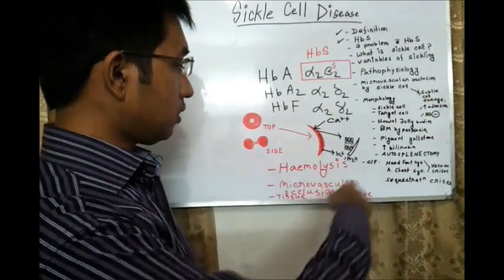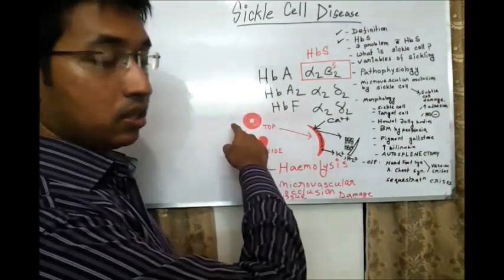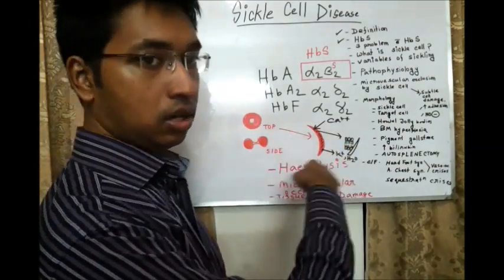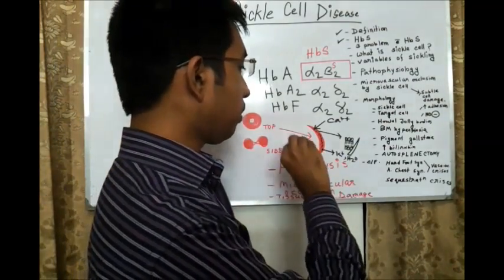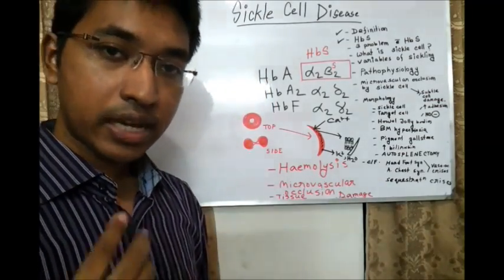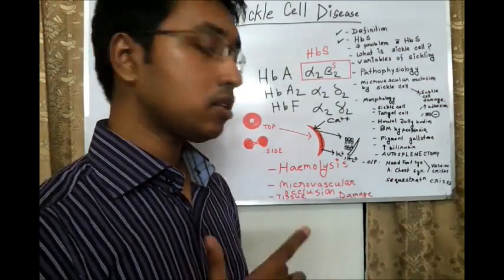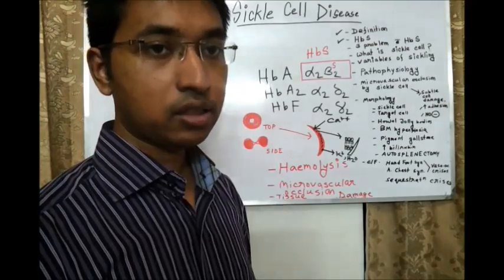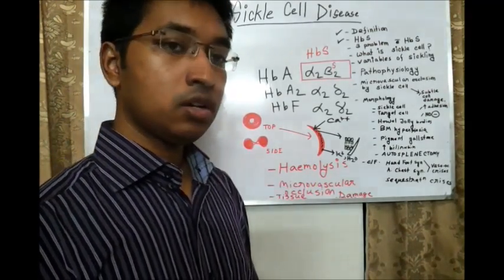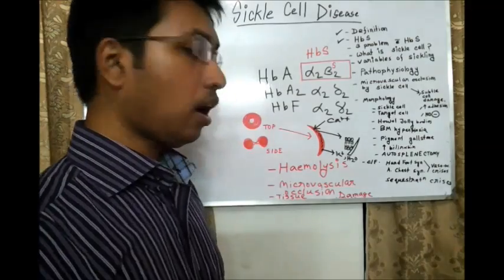But as this cycle, this sickling and desickling continues to occur, ultimately they will become very, very rigid, and then they will be detected by the spleen that these are not normal cells, and then the spleen will try to destroy those sickle-shaped RBC.